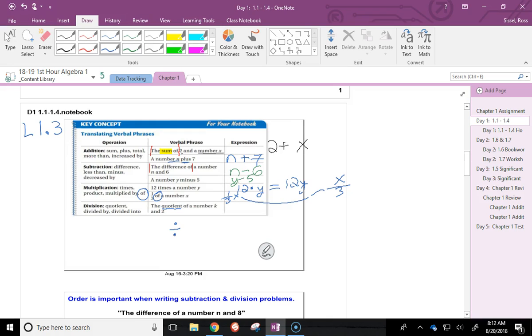And we had that phrase again, the quotient of. So now I know to put things in order. The quotient of number k, so that will come first, and 2. So k divided by 2, or typically we will see it written as k over 2. Good job.